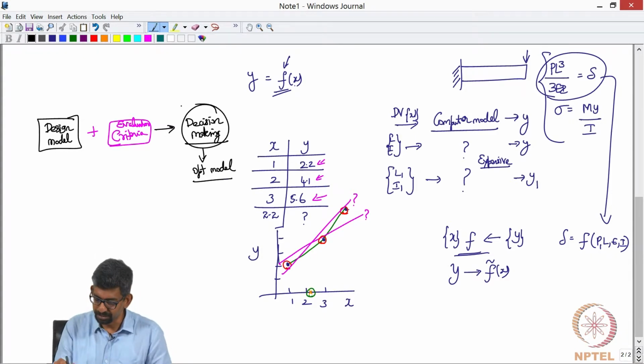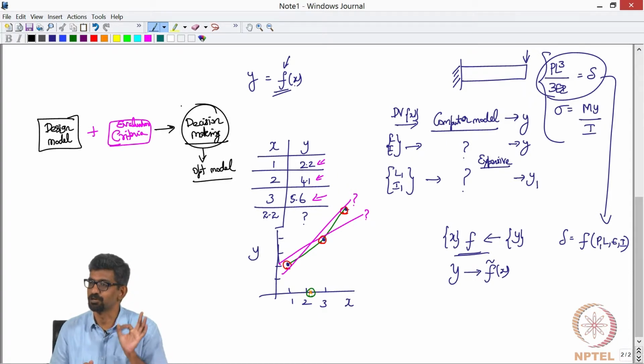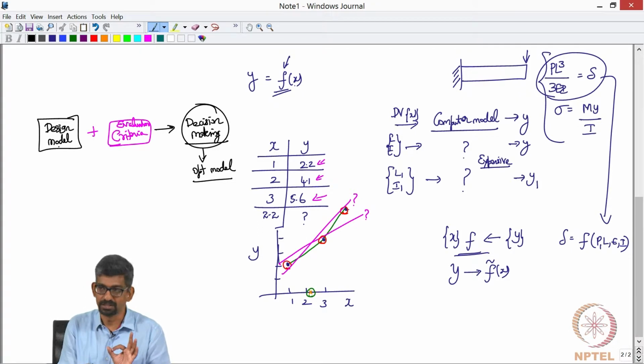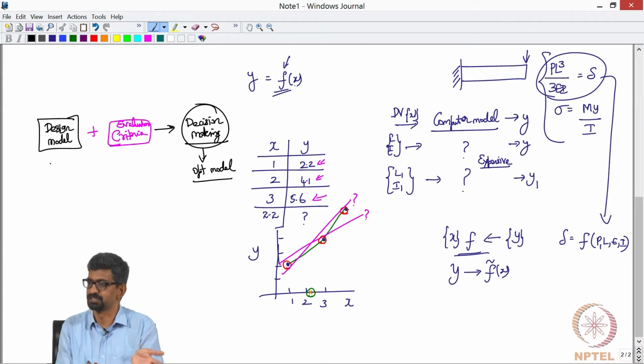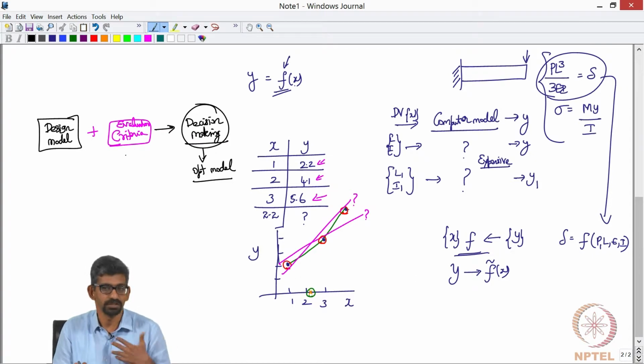You are interested in making a decision. If you are a metallurgist, you want to know what material model I want to use, that is a decision making, for which you need to have a design model, which is a finite element, or an experimental model that will give you some values for different conditions of stress or strain, and appropriately you need to have an evaluation criteria. What is it that I am looking at?